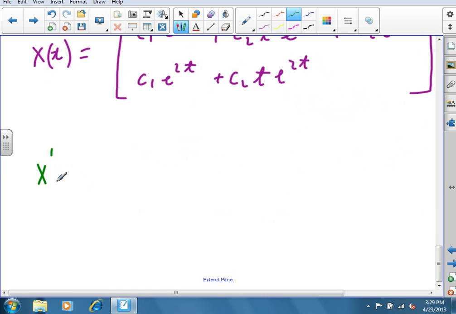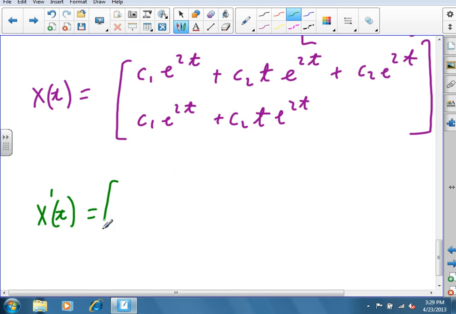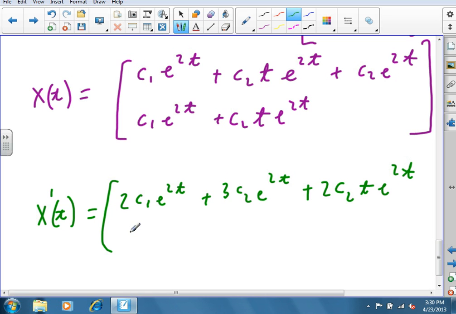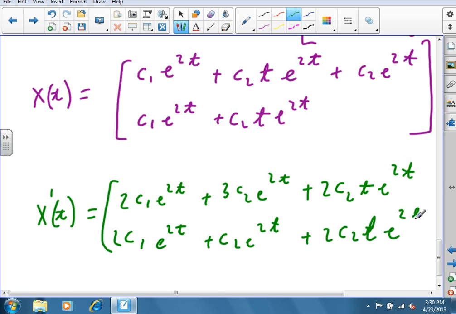So we're going to check it. x prime of t would be 2C1 e to the 2t plus C2 e to the 2t plus 2C2 t e to the 2t, and the second component is C1 e to the 2t plus C2 e to the 2t plus 2C2 t e to the 2t.